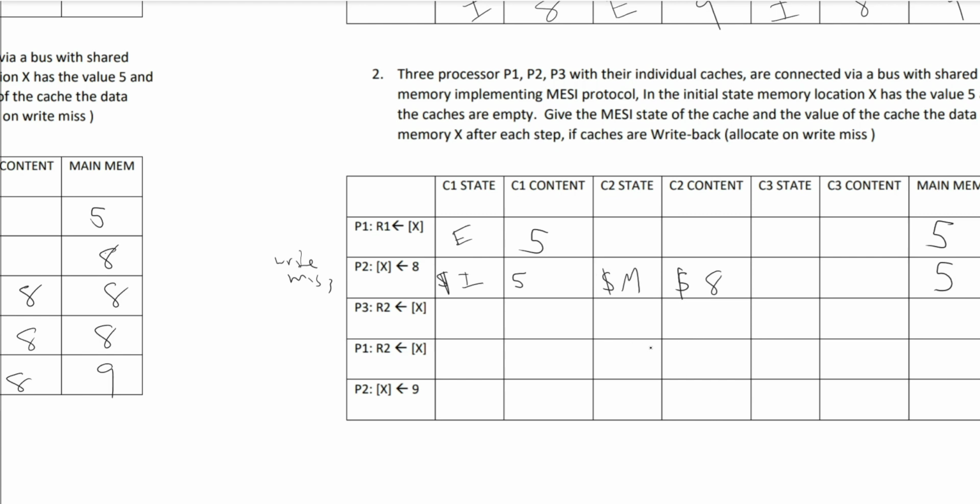So that means we have to flush it to main memory first, right? So when we flush it, does it do a write? Or do we just say, okay, main memory has an 8 now, and then this becomes exclusive? Is that what happens?